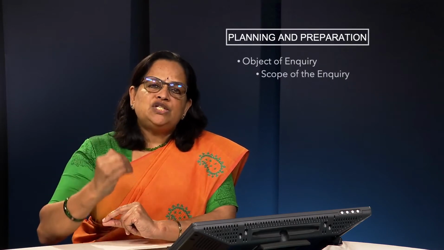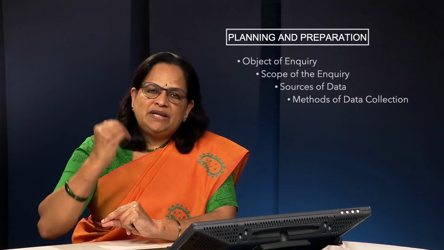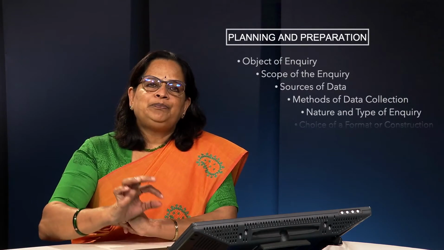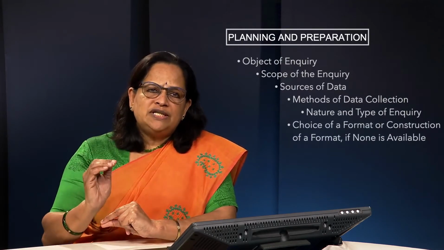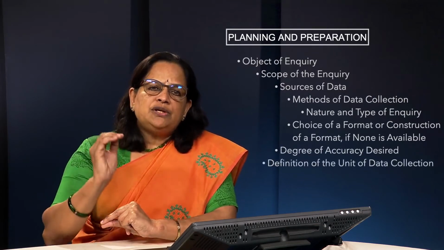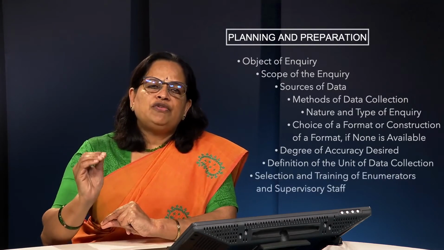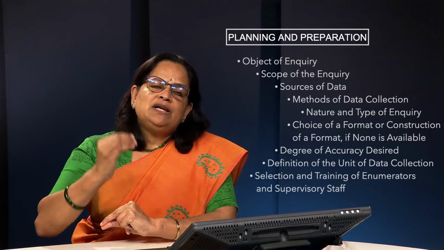First is object of inquiry, second is scope of inquiry, third is sources of data, methods of data collection, nature and type of inquiry, choice of a format or construction of a format if none is available, then degree of accuracy required, definition of the unit of data collection, and selection and training of enumerators and supervisory staff. Now we are going to see each point in detail.